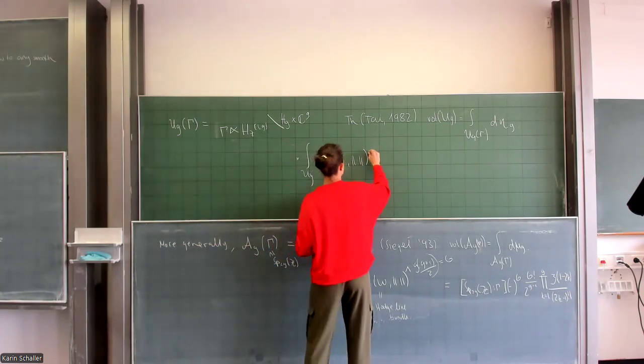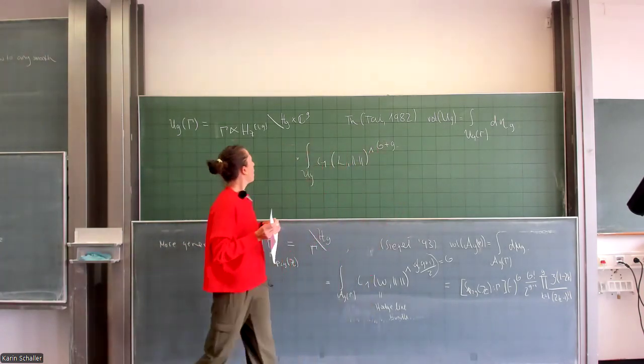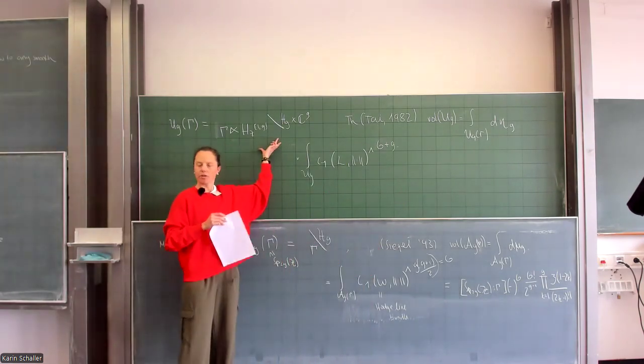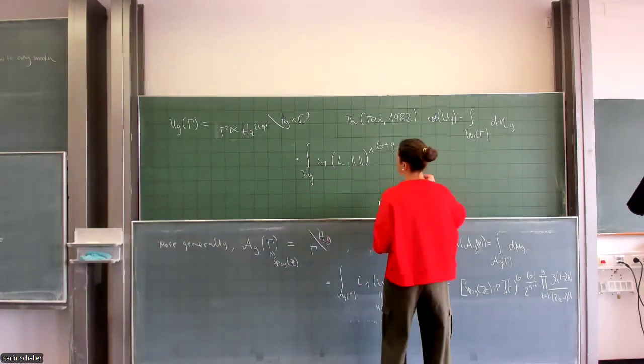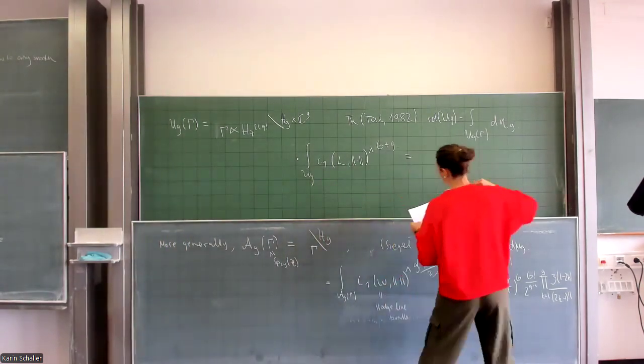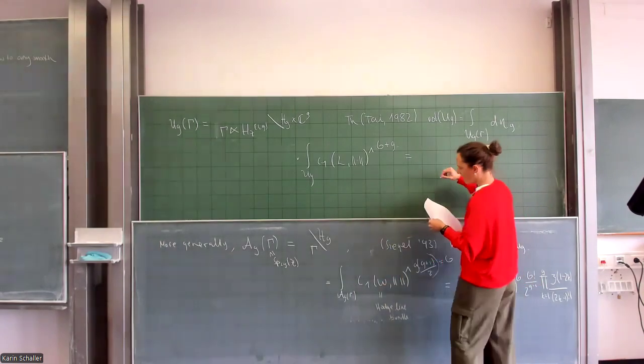And you take now the wedge product, now 2g plus g, which is the dimension of our universal space. Now this you can calculate, and this turns out to be, well, not that interesting.